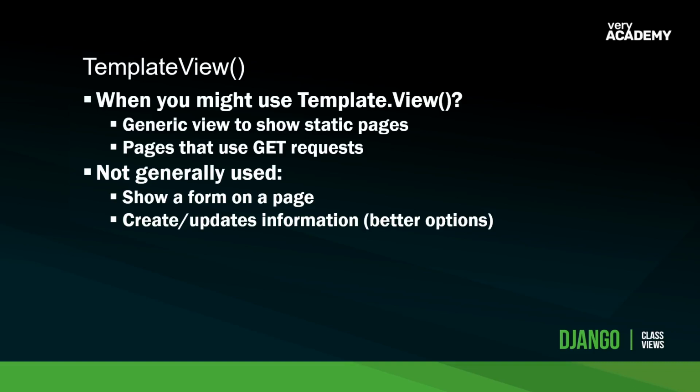So this is your bog standard static page that you've created, for example, an About Us page that maybe doesn't take any data from a database, although we can do that, but nothing else is on that page where users interact and maybe add new data to the database and send requests back. Generally, you're not going to be using the generic TemplateView for showing a page with a form on the page, or creating or updating data on the database. And this is simply because there are better options.